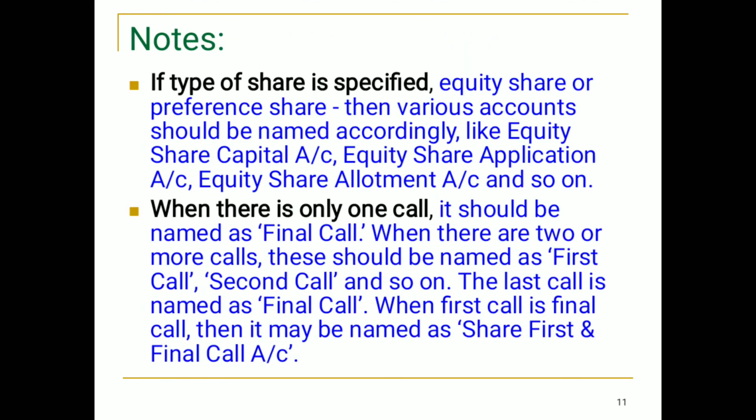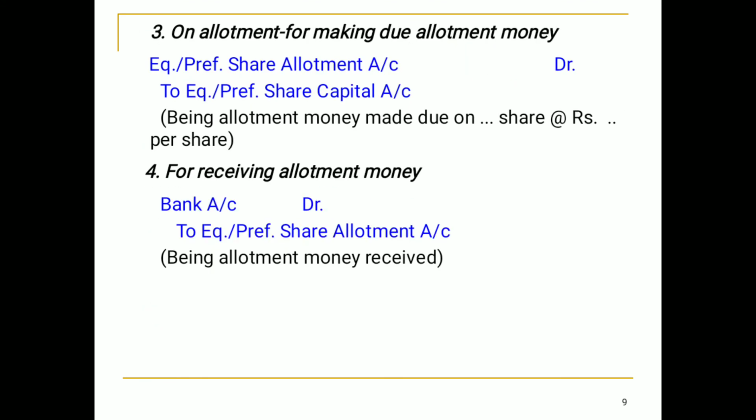Let us check. Yes, here it is. Share allotment account debit to share capital account. This is the journal entry for making allotment money due. Yes, this journal entry appears after the journal entry of application.